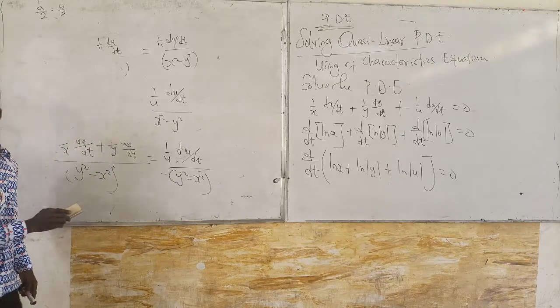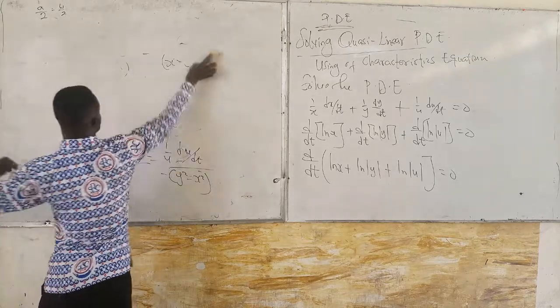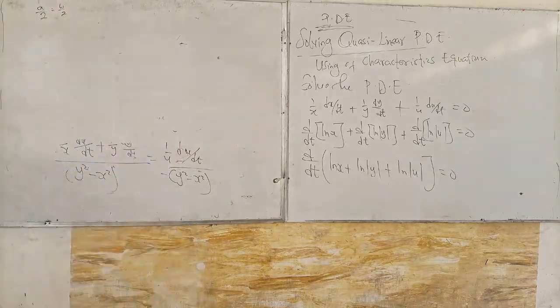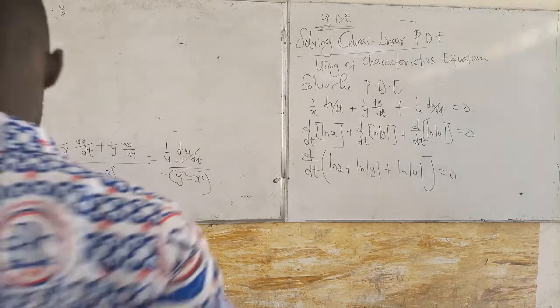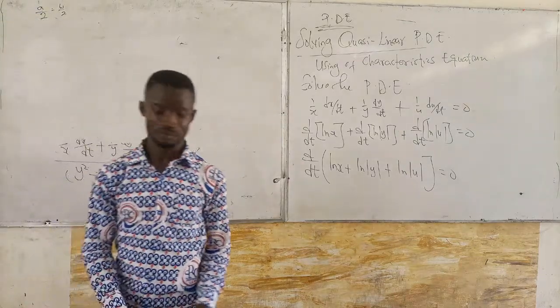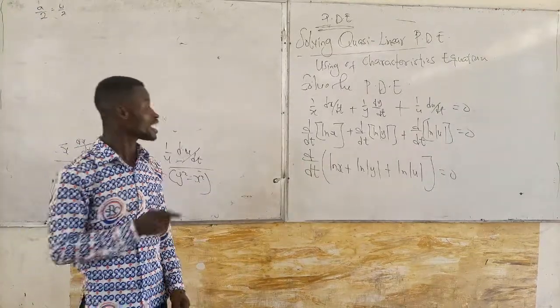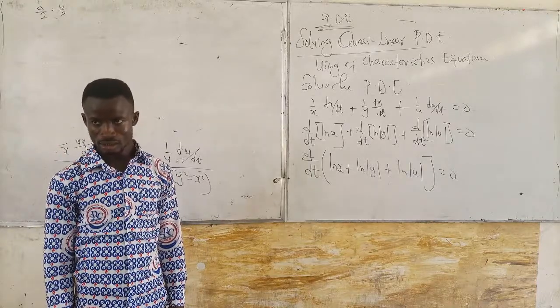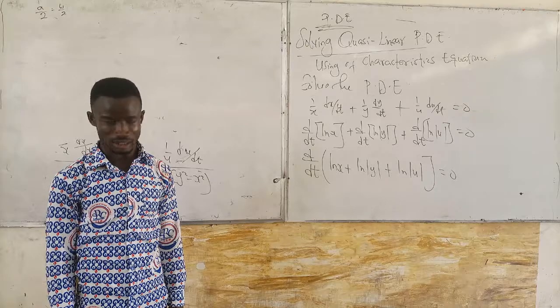Can't we simply divide it by dt and then get the next one? No. If you do that, you get it wrong. The d will go alright, but something is going to happen. Are you getting what I'm saying?